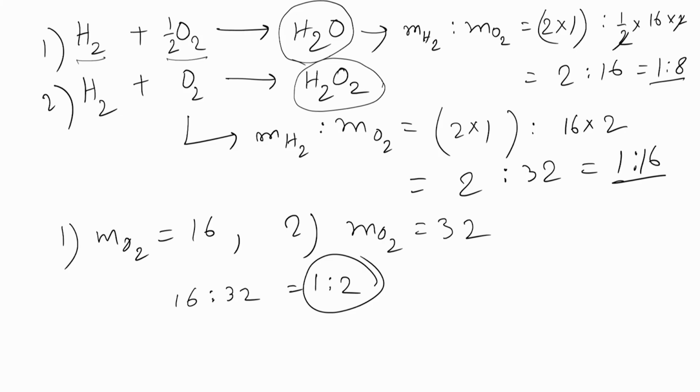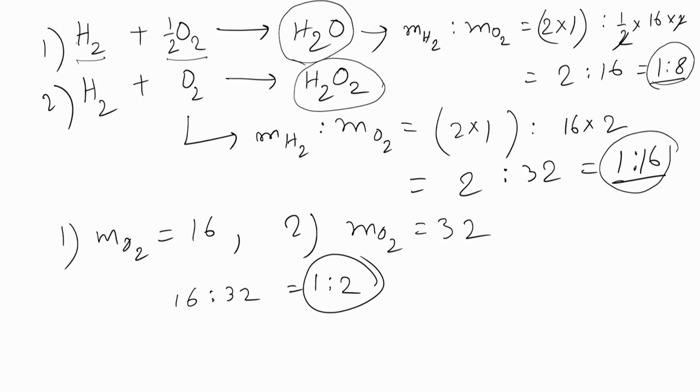If we calculate in terms of molecules, one molecule of hydrogen was reacting with different molecules of oxygen to form these two different compounds. And if we talk about mass, the ratio of hydrogen was 1, while the ratio in terms of oxygen was changing.